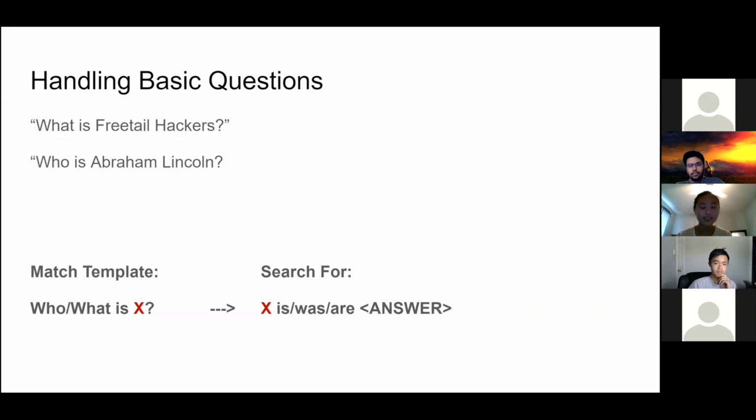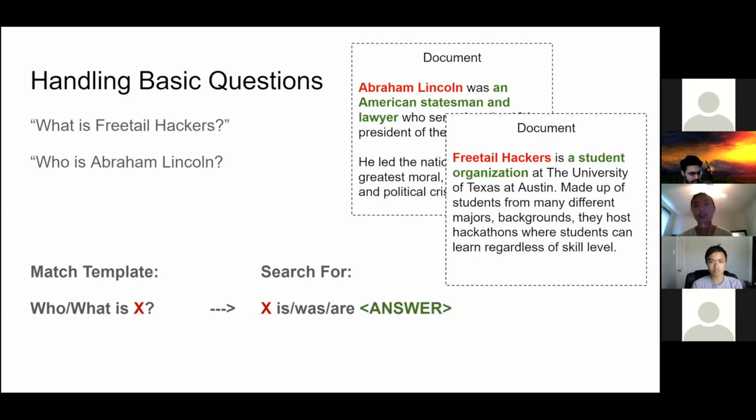It's very straightforward that you can match a template. You can look for questions in the form of who or what is X, and then you search for X is, was, are, the answer, and you might get a document retrieval that looks like this.